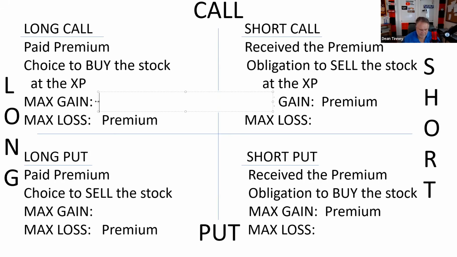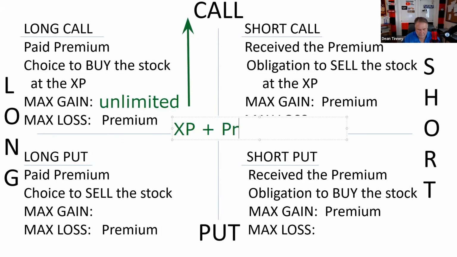The max gain is unlimited. Let's put that in green to represent money. And we can add to our matrix that this is a bullish strategy, that we want Apple to go up. And we can add our break even, which is strike price plus premium.